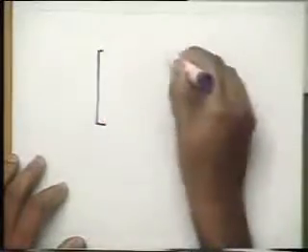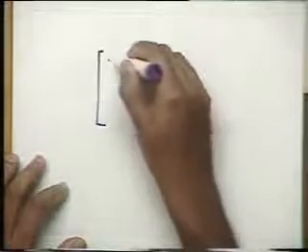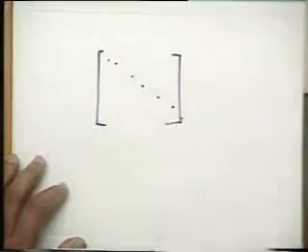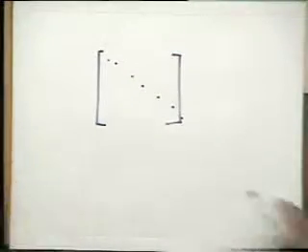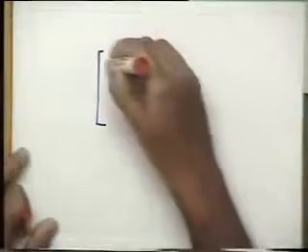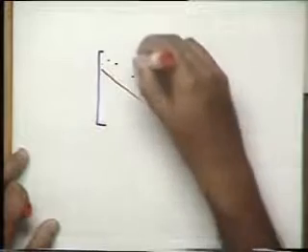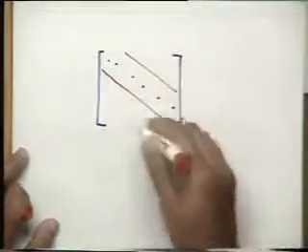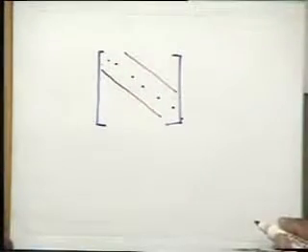So obviously the matrix nature will be like this. If you write the matrix in this form, the diagonals will obviously be non-zero, and the elements quite close to the diagonals, maybe in this band, will also be non-zero.